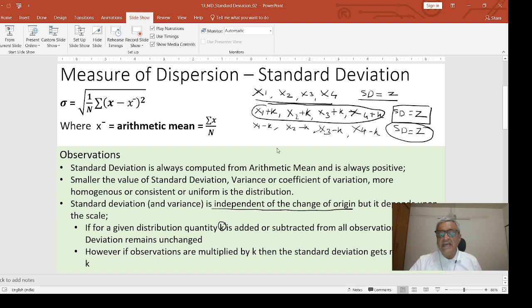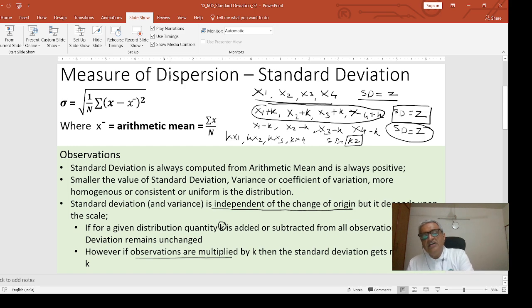It is going to be the same. Whereas if I multiply each observation, kx1, kx2, kx3, and kx4, with some value k, in that case my standard deviation gets multiplied by k. So it is kz, right?